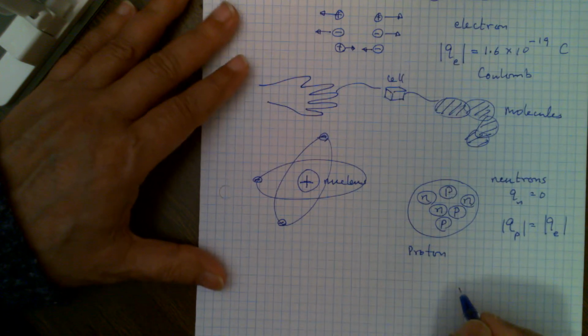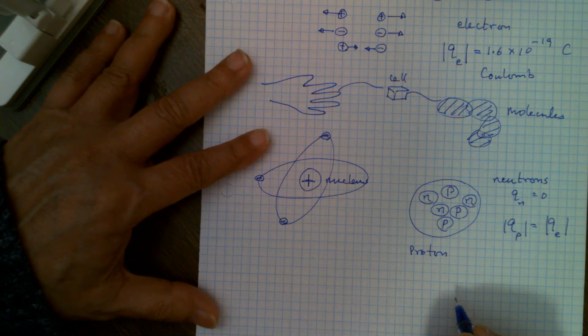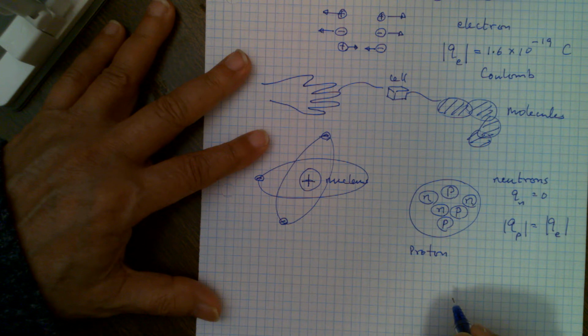Now, the reason that a proton has a positive charge is a little bit complicated, but I'll try to explain to you. Protons are not as fundamental as electrons. Electrons are point particles. You cannot subdivide them.